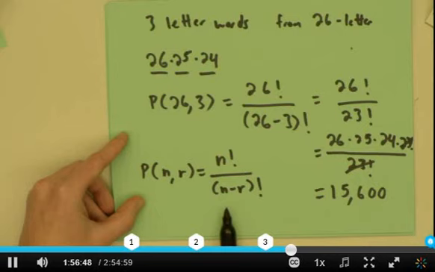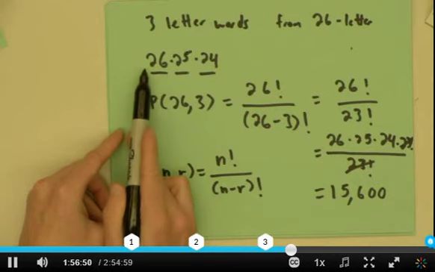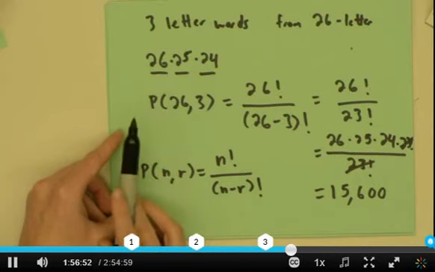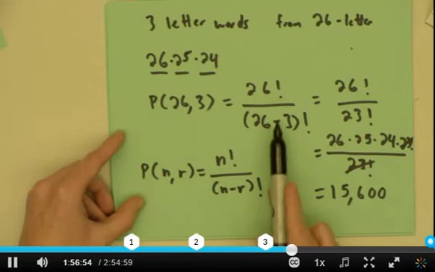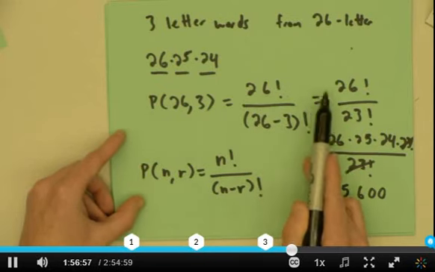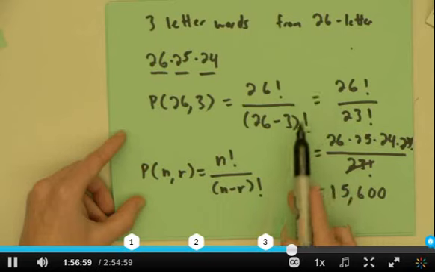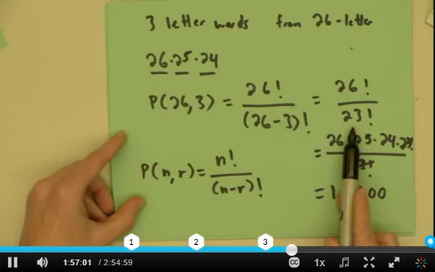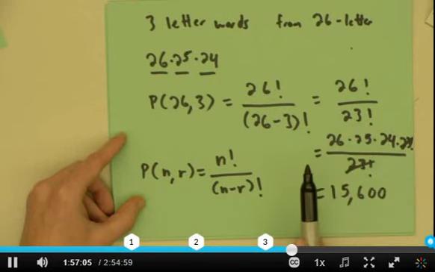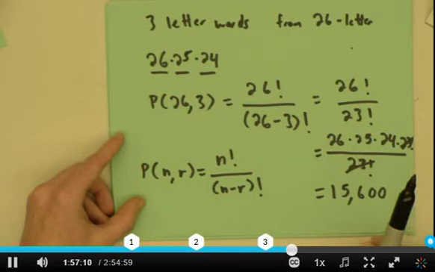So that's why this works. This is the easier way to see it directly: just take those 3 numbers and multiply them together. But if I write it in terms of factorials, I can multiply all of the numbers and then divide out the last 23, so that what I'm left with is 26, 25, and 24. Does that explain it? Yeah.